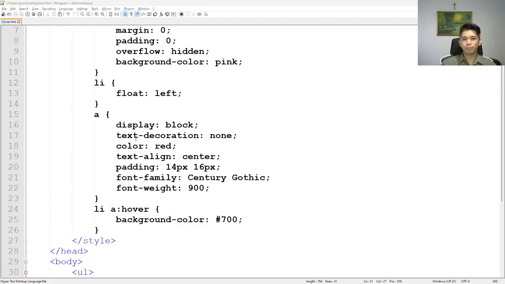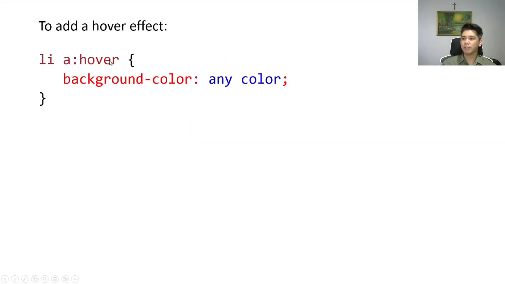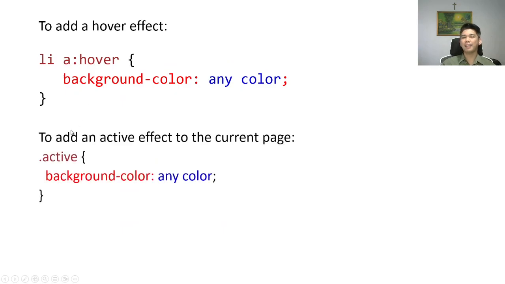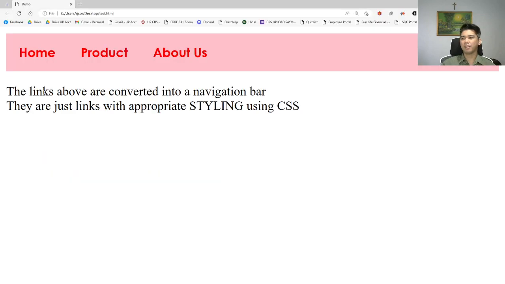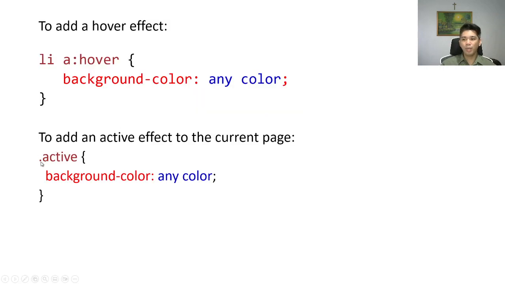So anyway, going back, if we want to put an active effect, you know the active effect. For example, you are currently in the page home, it will have a different color than the rest of the links. So we will add another background color to a specific class type.